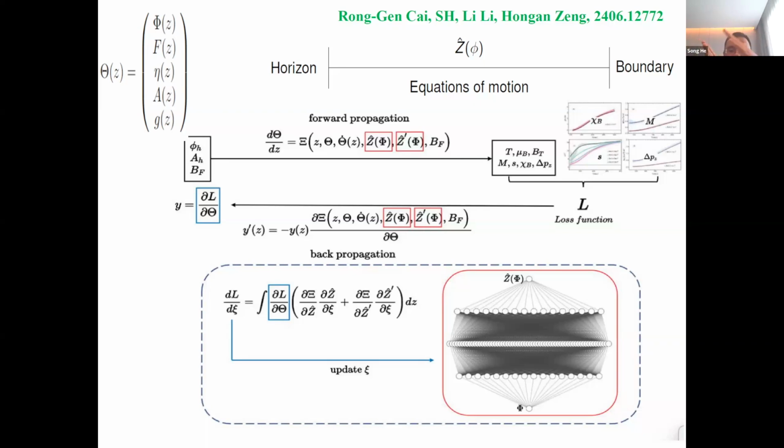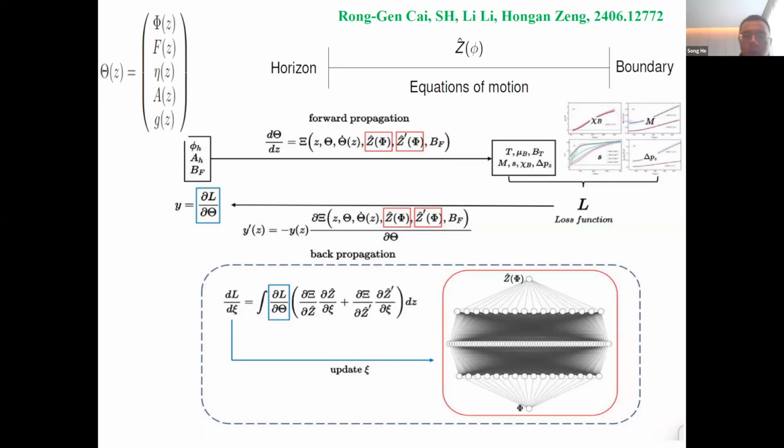We try to minimize the difference between these two data sets. In this case, we offer four independent thermodynamic quantities, for example entropy, magnetic field, pressure, and baryon number susceptibility. And this data is just two-dimensional.